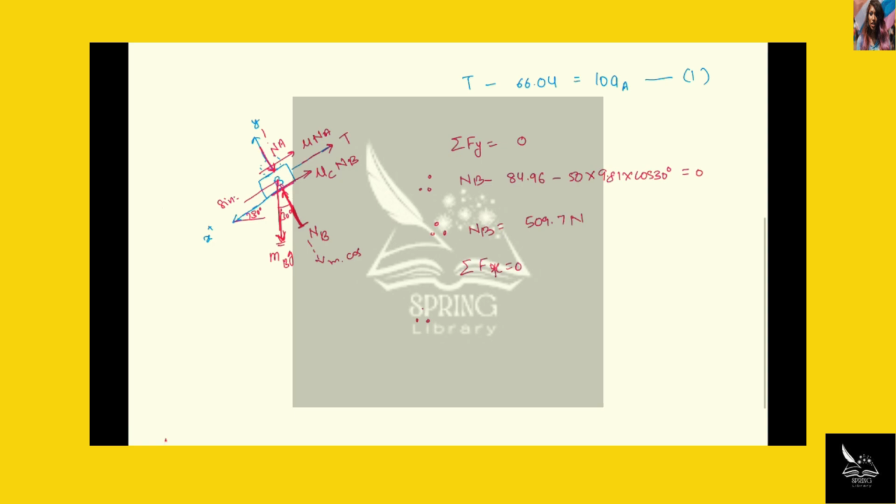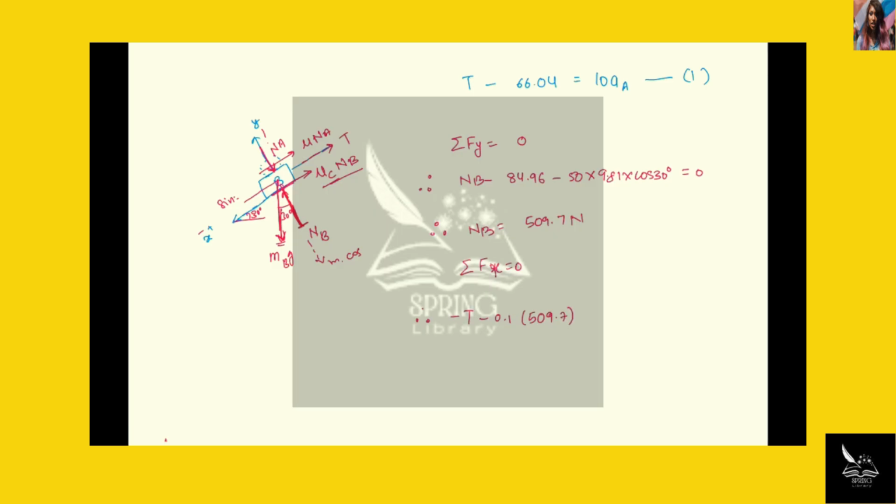Now applying the summation of forces in our assumed x direction. That is equal to, we have tension T acting in the negative direction, so we'll take it as minus T. This is a positive direction, right? Then we have friction force mu C between C and B acting again in the negative direction, so mu C is 0.1 times our NB we calculated, 509.7.